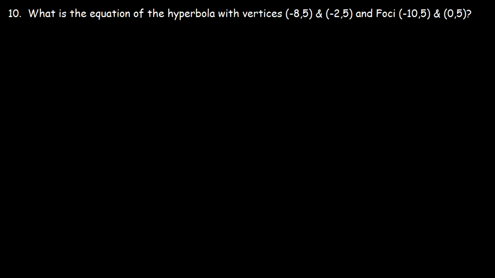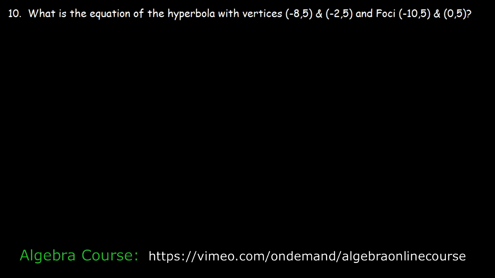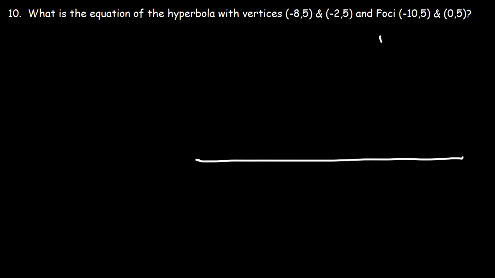Number 10. What is the equation of the hyperbola with vertices negative 8, 5 and negative 2, 5 and foci negative 10, 5 and 0, 5? So first, let's draw a graph. The majority of the graph is going to be in quadrant 2. So let's focus on that section.